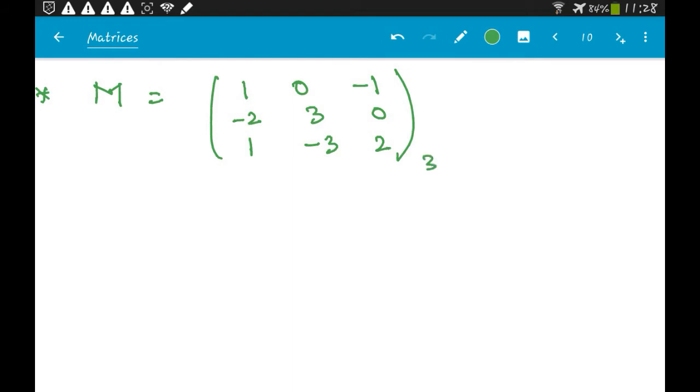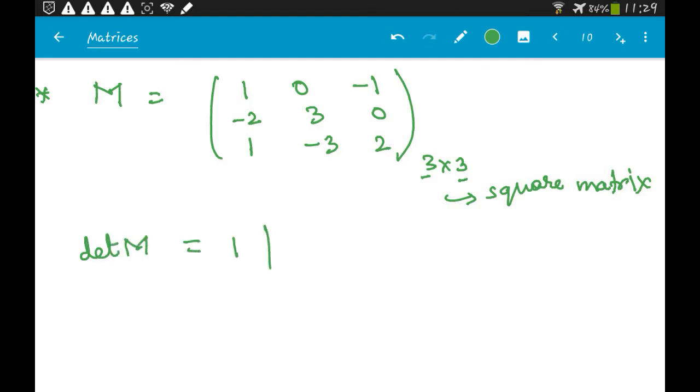As you can see, this is of order 3 by 3. The number of rows and the number of columns are equal, so this is a square matrix, which means you can find the determinant. So what is the determinant of M? Det M is equal to 1 into the determinant of 3 0, minus 3 2, minus 0 into the determinant of minus 2 0, 1 2.